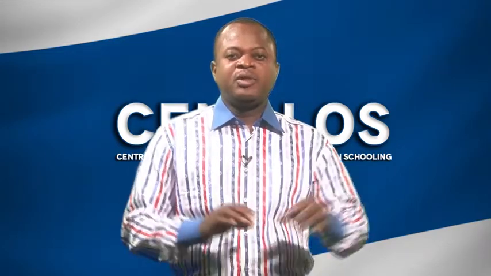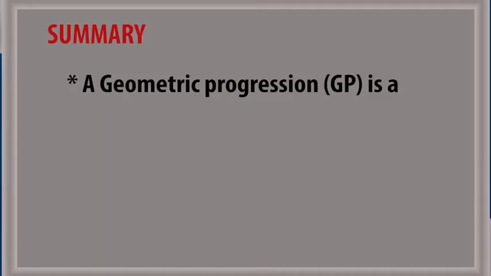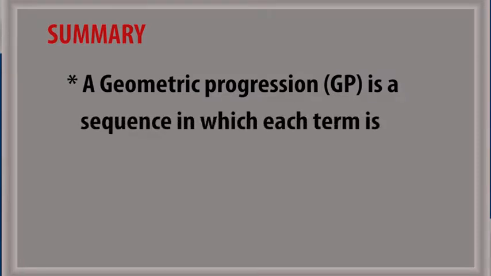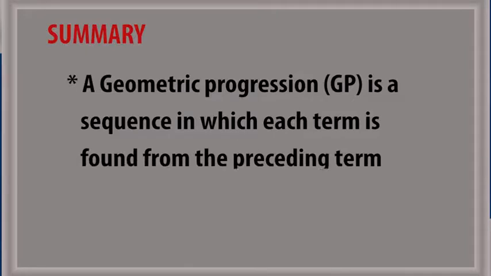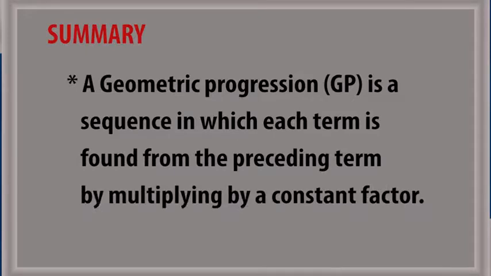Well, we have learned that a geometric progression, GP, is a sequence in which each term is found from the preceding term by multiplying by a constant factor.